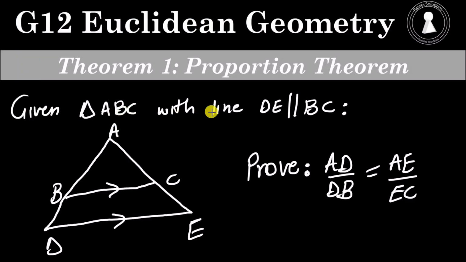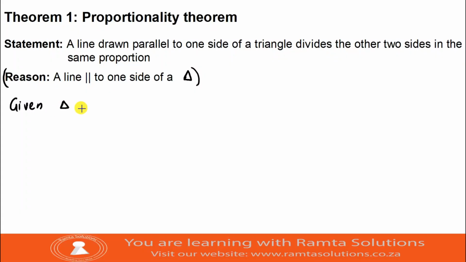given triangle ABC with line DE parallel to BC. I'm going to draw different triangles, of course, including the one that we had in the opening slide.